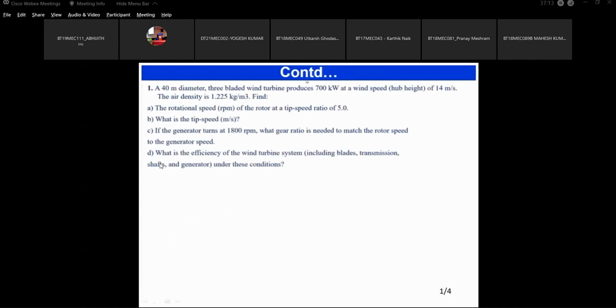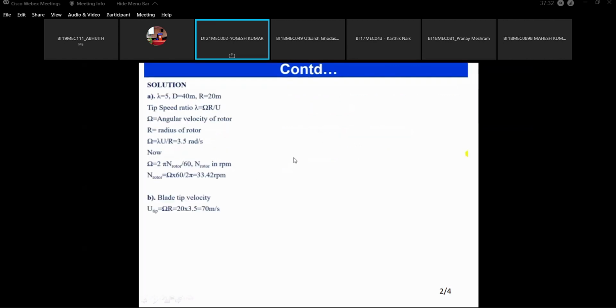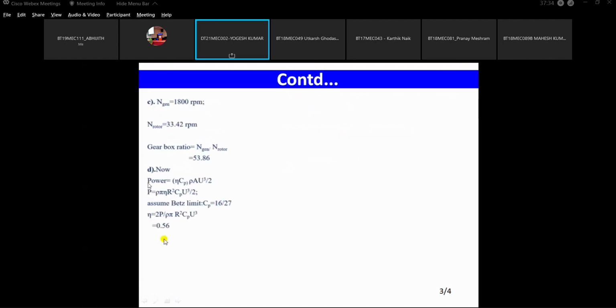So now part D. What is the efficiency of the wind turbine system, including blades, transmission, shafts, and generator under these conditions? Now we have to calculate efficiency of the wind turbine system. By using this formula, power equal to eta Cp times half rho A U cubed.